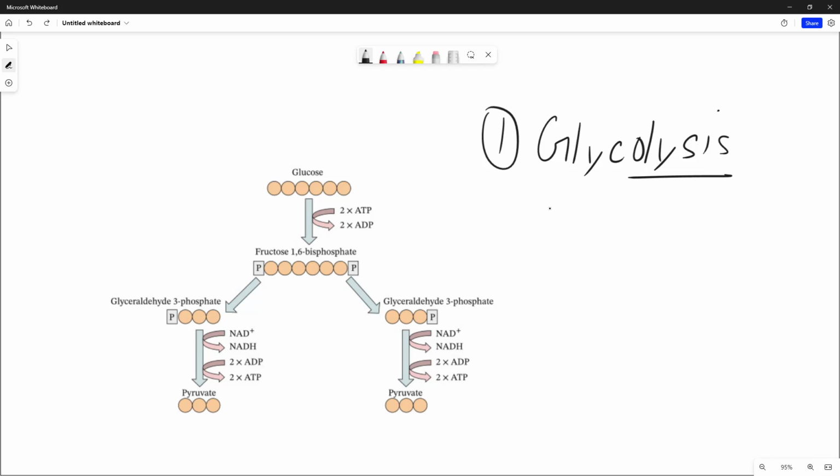Pyruvate is a 3 carbon molecule, and glucose, which is a 6 carbon molecule, is broken down from the middle, and it is used to make 2 pyruvates.